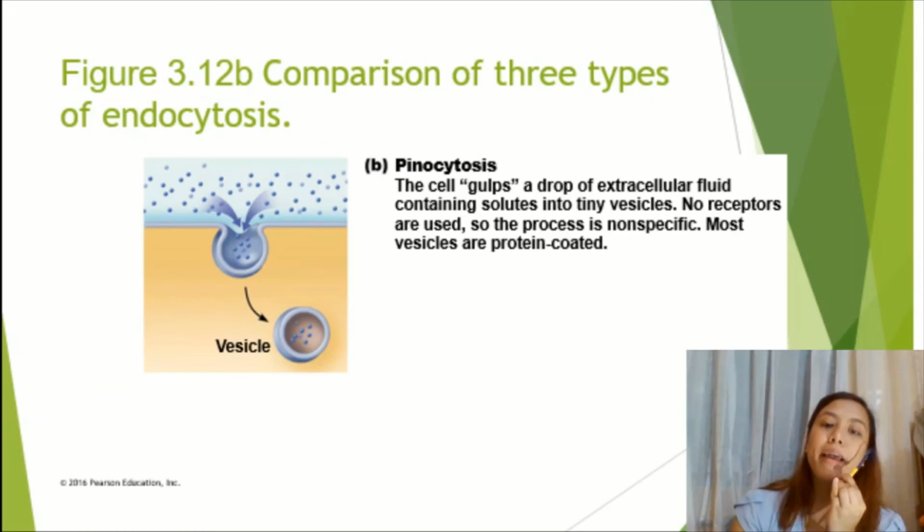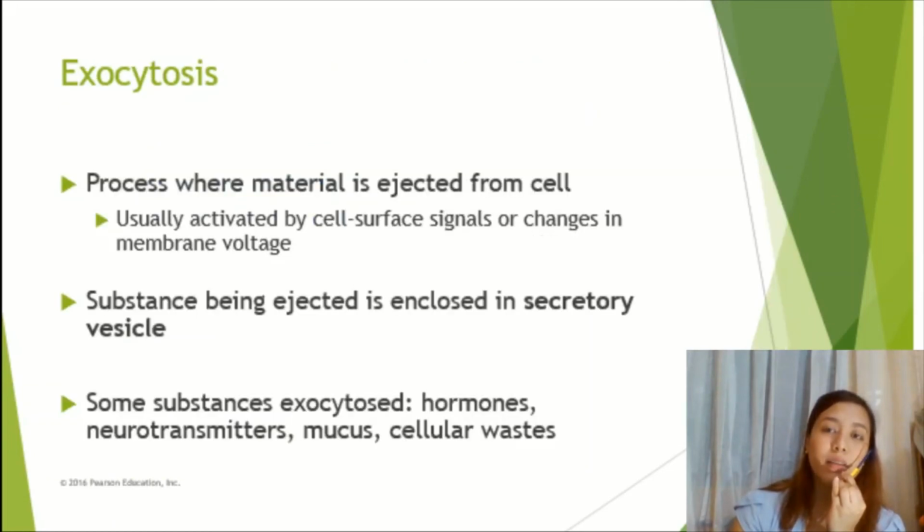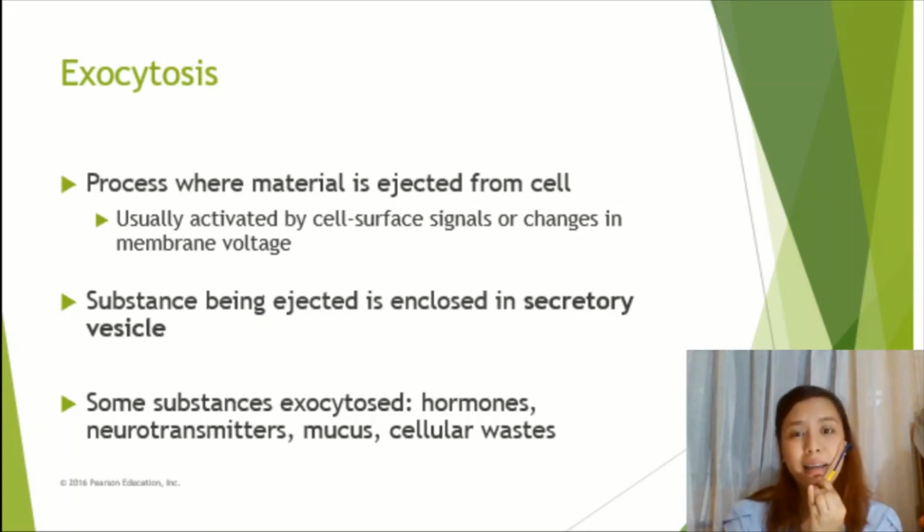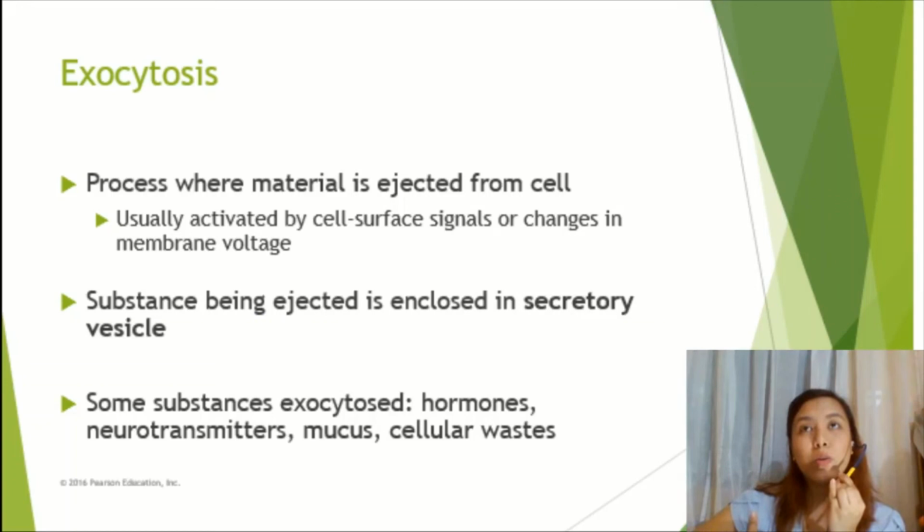Okay? And lastly, we have your exocytosis. And usually exocytosis, we are using this one when we are excreting toxic substances inside our cell or in our body. And usually we are using this when we exercise, in our armpits. So usually we have discharges in that area, and exocytosis is the one that we are using.